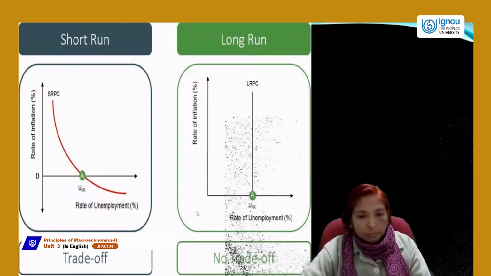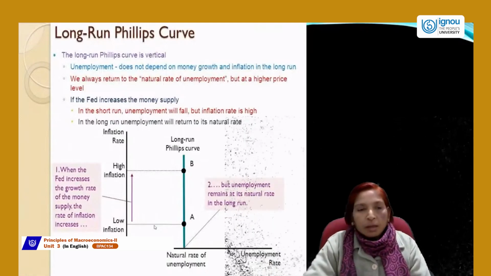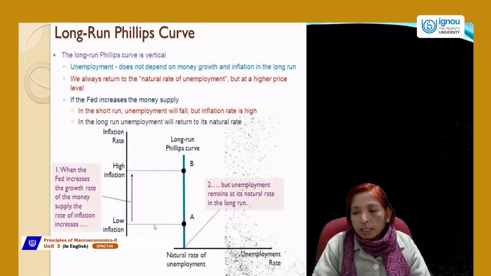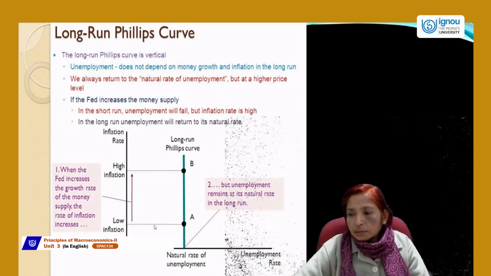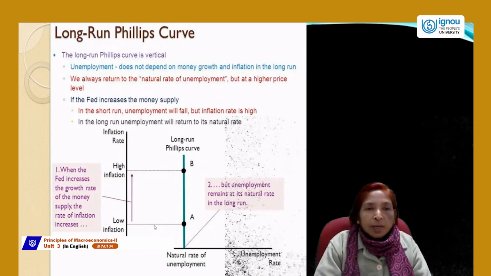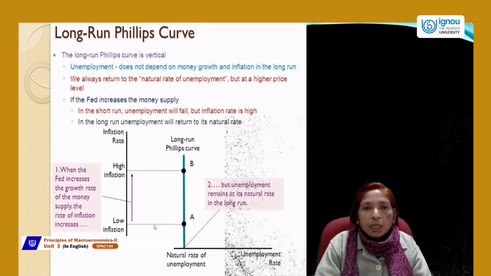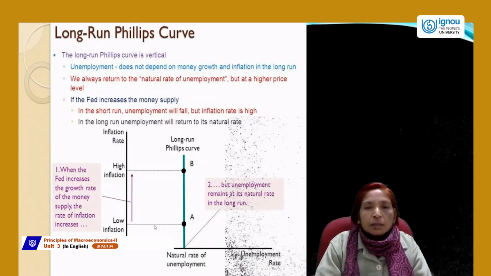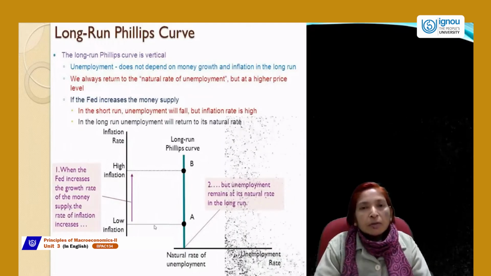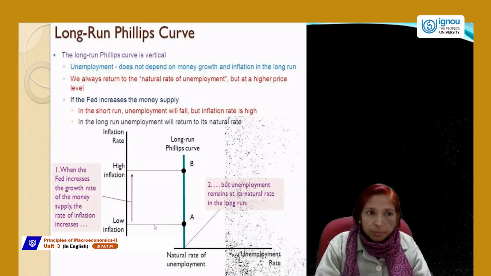Now next is the long run Phillips curve. The long run Phillips curve is a vertical curve. Unemployment does not depend on money growth and inflation in the long run. We always return to the natural rate of unemployment, but at a higher price level.